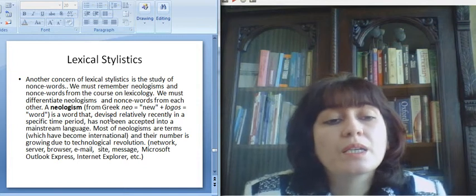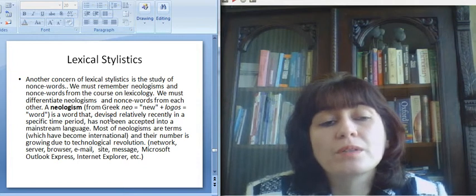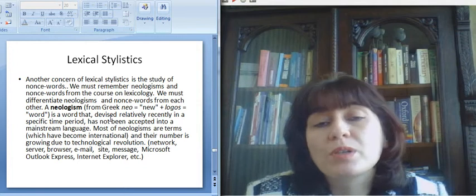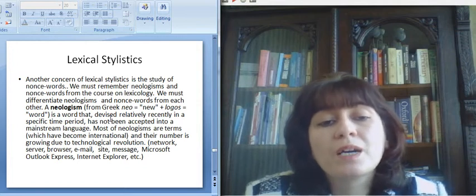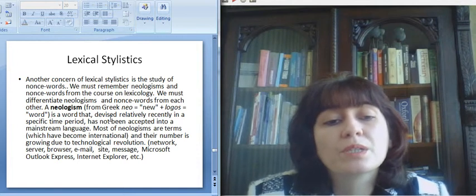So another concern of lexical stylistics is the study of nonce words. And we must remember neologisms and nonce words from the course of lexicology, and differentiate them from each other.